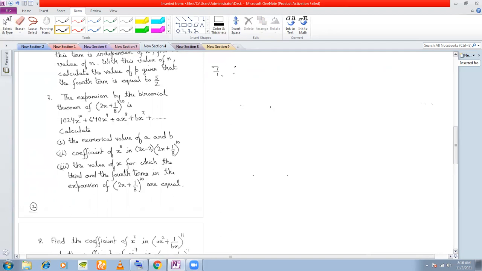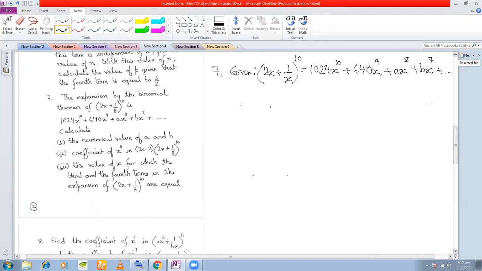So given 2x plus 1 by x to the power of 10, the expansion of this is given as 1024 x to the power of 10 plus 640 x to the power of 9 plus ax to the power of 8 plus bx to the power of 7 and so on.